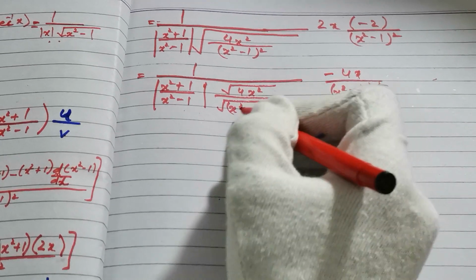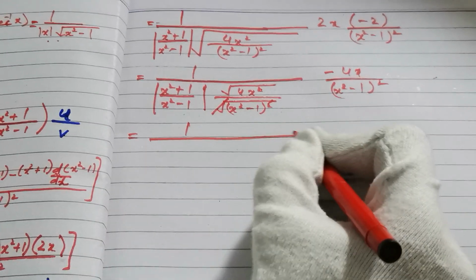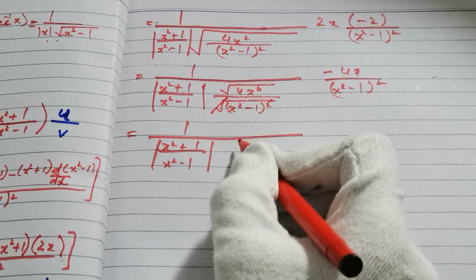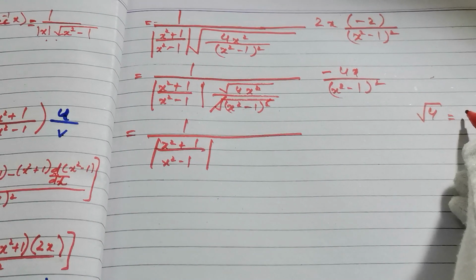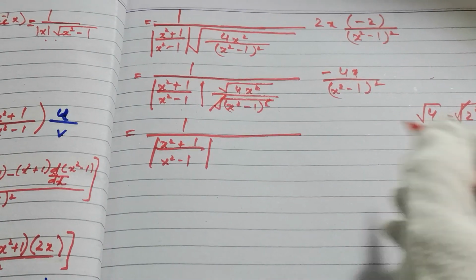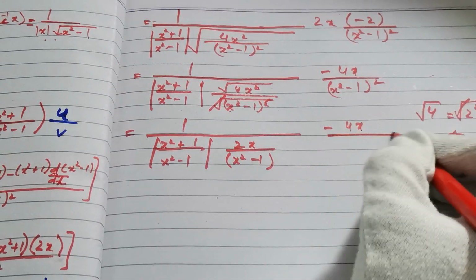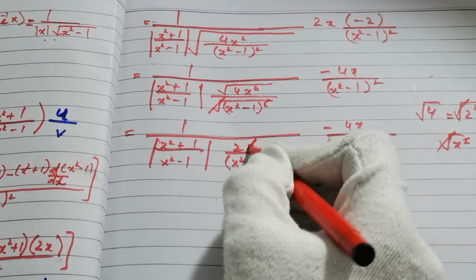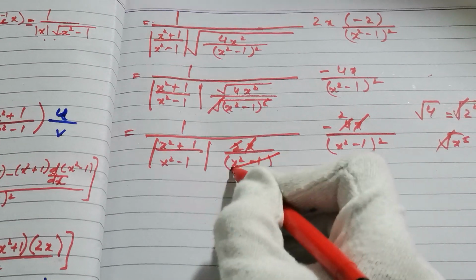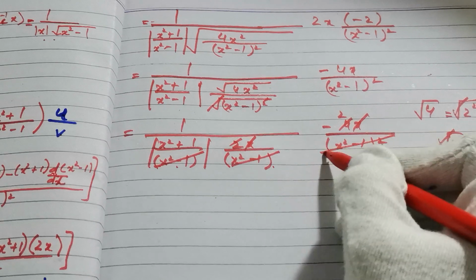Now this 2 and 1 by 2 cancel. What is left is 1 by (x square plus 1) divided by (x square minus 1), and under root 4 is 2 and under root x square is mod of x, so 2x divided by (x square minus 1), times minus 4x over (x square minus 1) whole square. x and x cancel, 2 ones are 2, 2 twos are 4, and x minus 1 cancels with x minus 1, and 2 and 2 cancel.